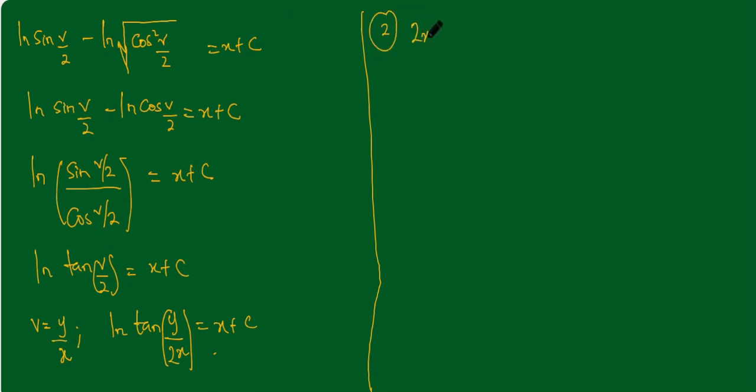We have 2xy squared dy minus x cubed plus 2y cubed dx is equal to 0. So this is also a very straightforward problem.